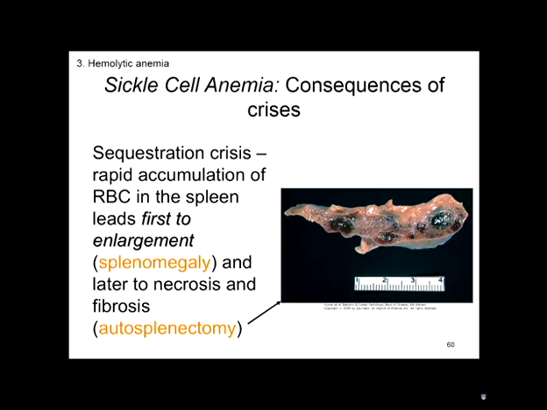But keep in mind that this is a very important problem for these patients, and the only thing I'm going to say now is they're very susceptible to infections, particularly bacterial infections with encapsulated bacteria that tend to head straight for the bloodstream when they infect us. So, for example, Haemophilus influenzae is an example of that type of bacterium.